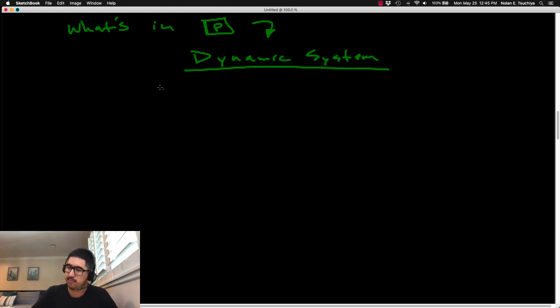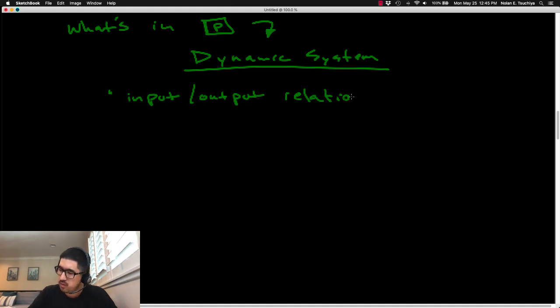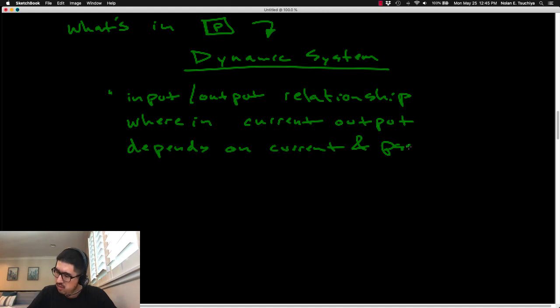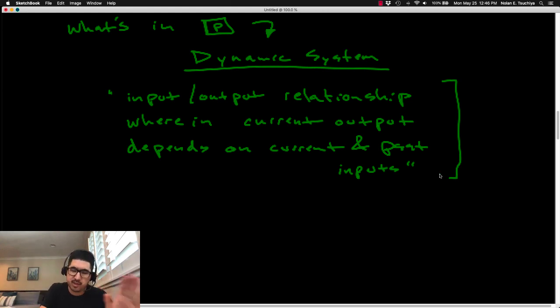Okay. At its heart, a dynamic system is the following. This is your fundamental definition of a dynamic system. I understand that it's vague and sort of wordy, but it really has to be this way because dynamic systems come in all different flavors: mechanical, electrical, biological, economical, geographical.